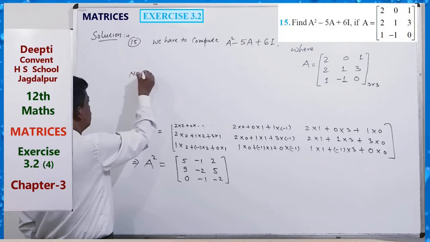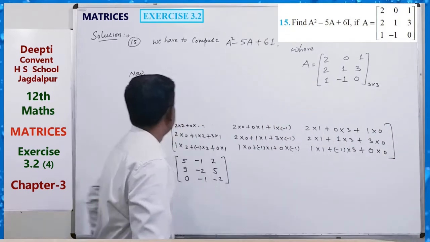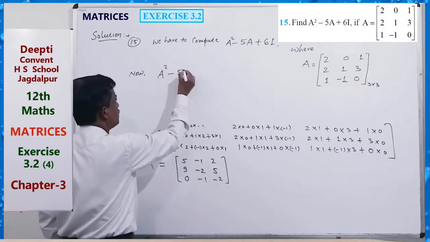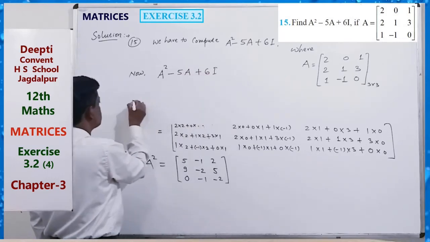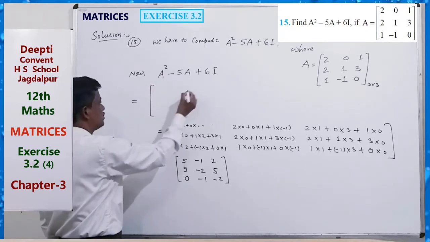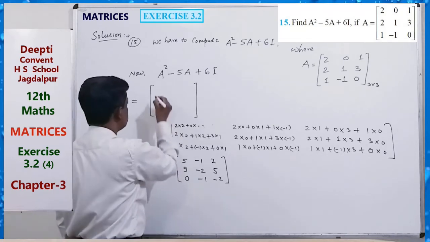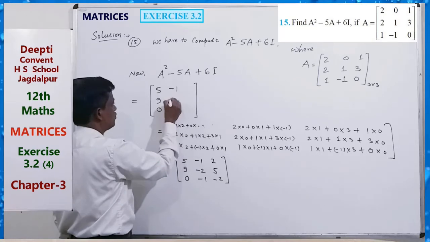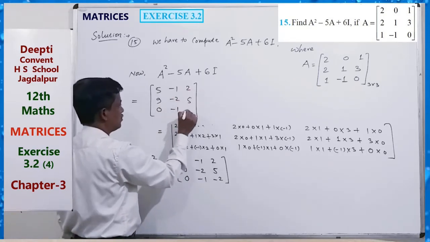Now, A square minus 5A plus 6I is equal to, first write A square: 5 9 0, minus 1 minus 2 minus 1, 2 5 minus 2.